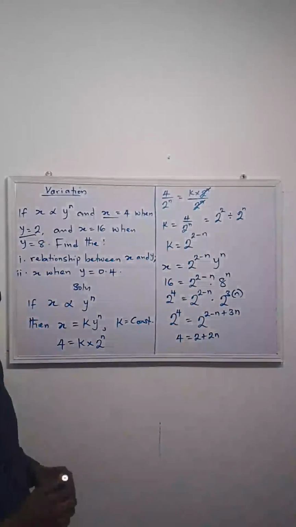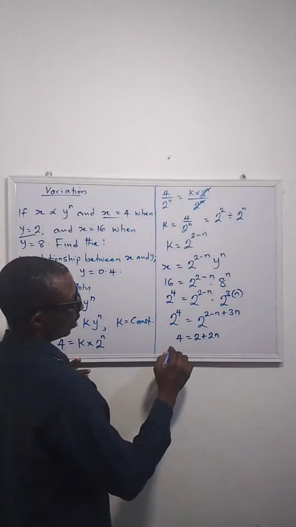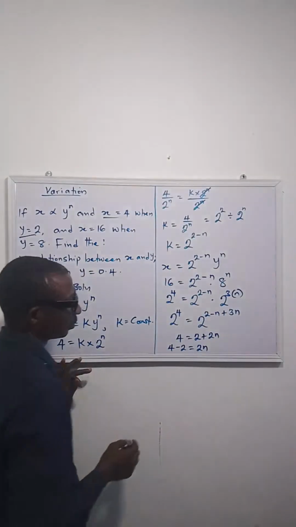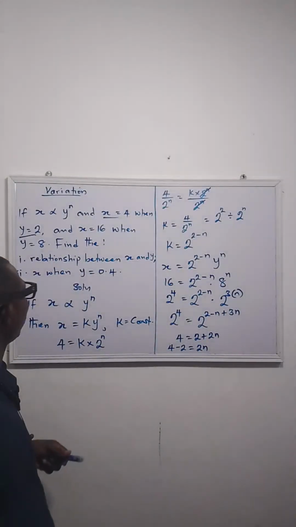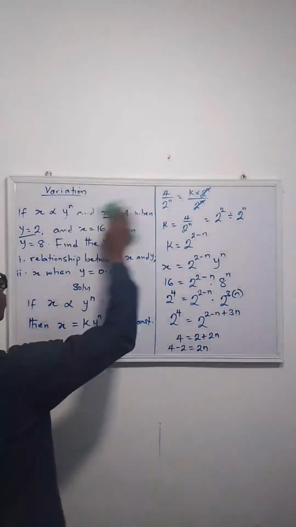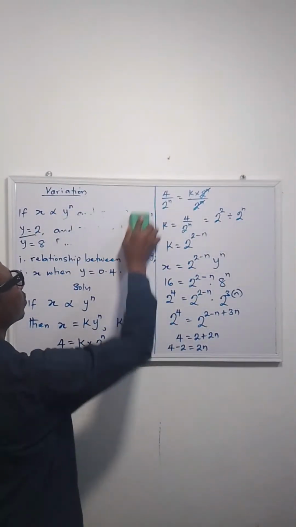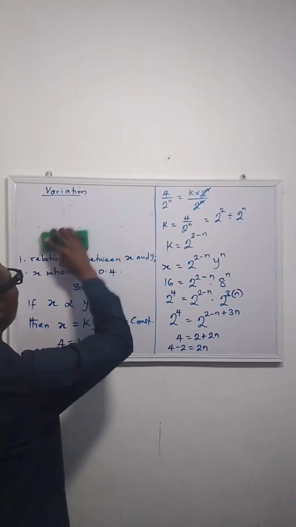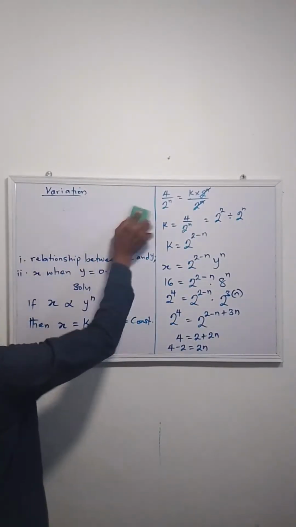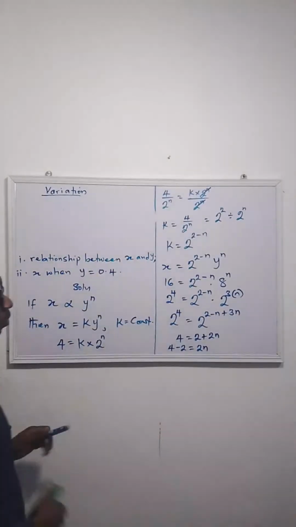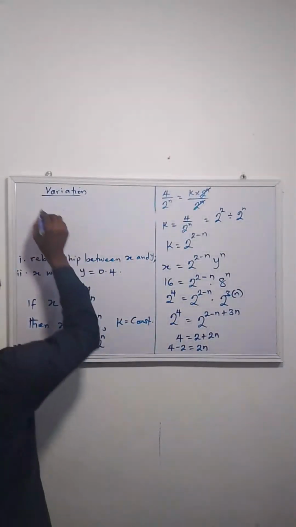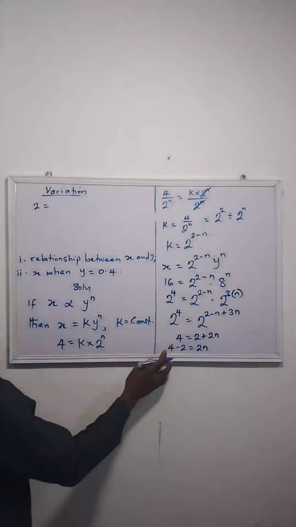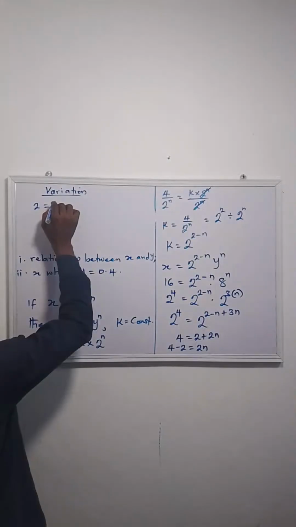So here, let's collect the like terms. We have 4 minus 2 equals 2n. So from here, we have 4 minus 2 is 2, equals 2n.